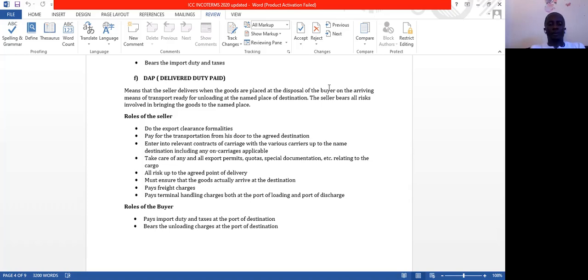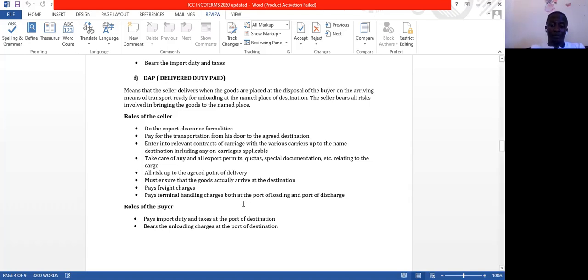What role does he perform? The seller does the export clearance formalities, just like in the other terms. Pays the transportation from his door to the agreed destination, enters into relevant contracts of carriage with various carriers, takes care of any and all export permits, bears all risk up to the agreed point of delivery, must ensure the goods arrive at the destination, pays freight charges, pays terminal handling charges at both the port of loading and the port of discharge.